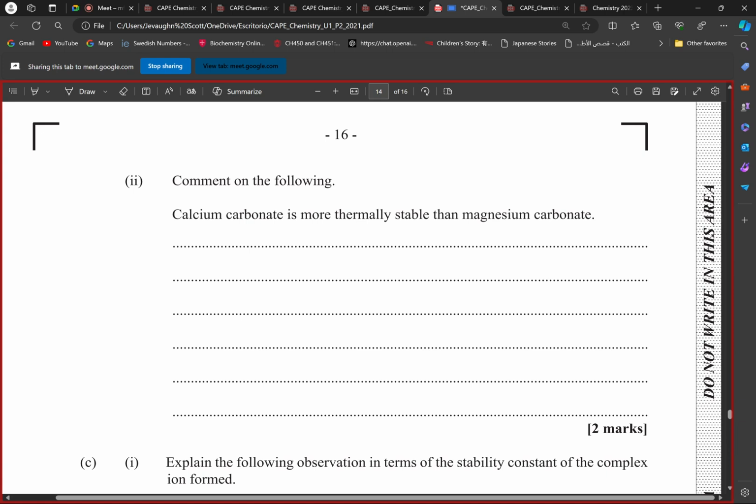Because calcium is larger, it has a lower charge density, so it doesn't lead to a high degree of polarization. So the bond has a little bit more covalency than that with magnesium carbonate, and allows for the stability under high temperatures. That is the answer to the question.